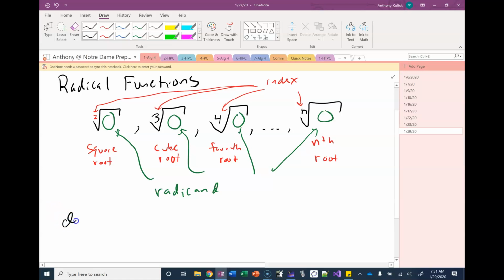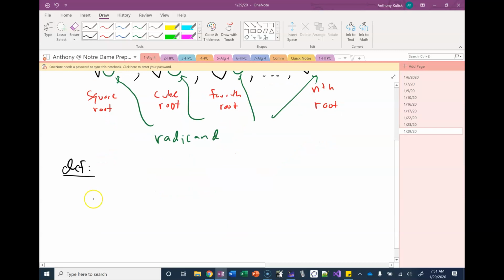So let's think about what the definition is for, say, a square root. Let's say the square root of a is equal to x. What does that imply to us? That x squared is equal to a.